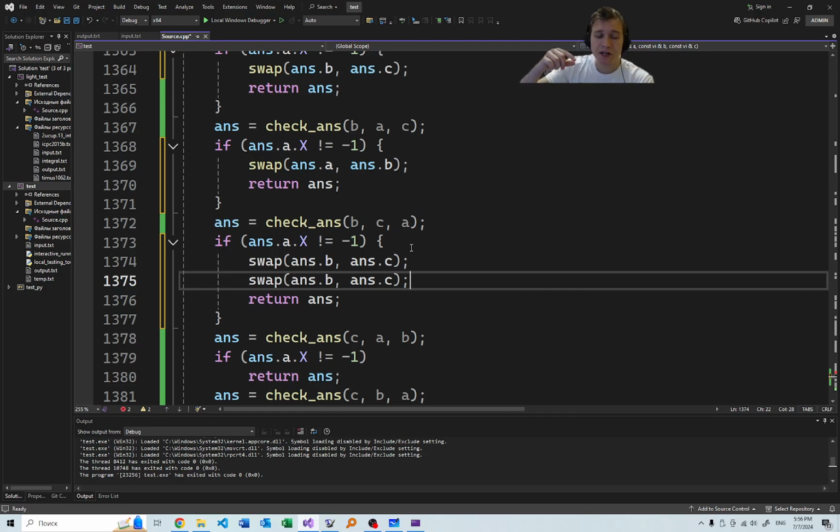So I actually have answers for B, then C, then A. So I need to swap the last two, so now it's BAC, and then A and B.